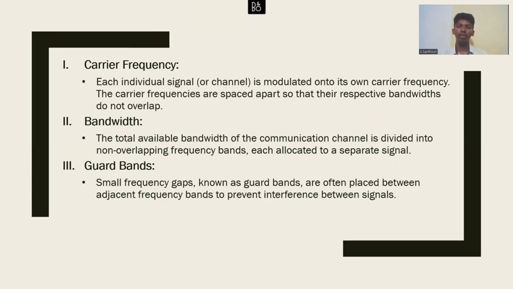The total available bandwidth of the communication channel is divided into non-overlapping frequency bands, each allocated to a separate signal. So, like I said, instead of having 1 gigahertz or even much more frequency range used just for one separate data transfer, we can split it up into multiple data channels, or multiple frequencies, subdivisions of frequencies into hertz, then megahertz, instead of using it just like 1 gigahertz alone.